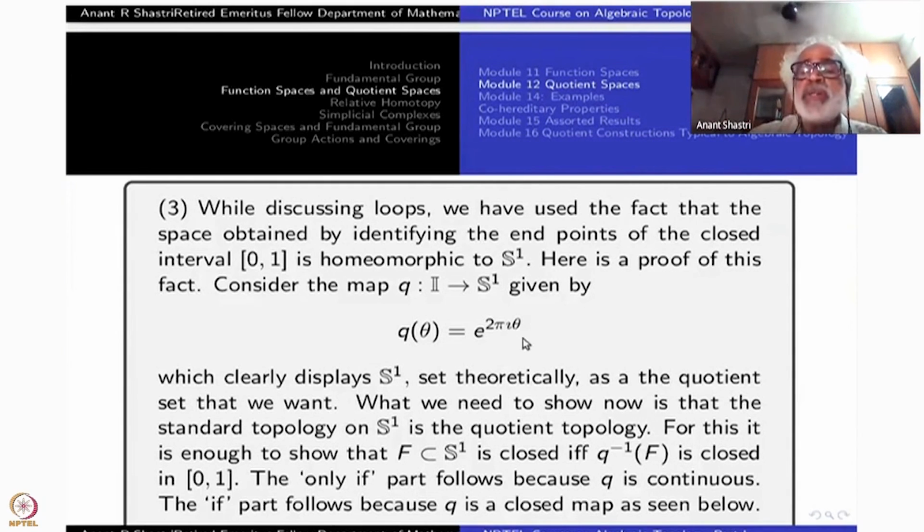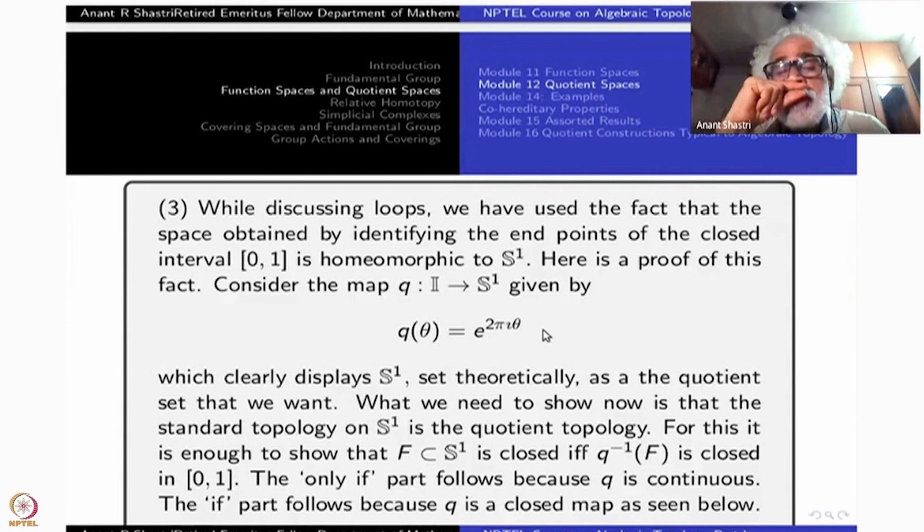If we know Q is a quotient map, then our claim that identifying 0 and 1 inside the closed interval [0, 1] to a single point gives a space homeomorphic to S1 is justified. So now we have to verify that this exponential function is a quotient map. We know that this can be done if we verify that this is a closed map, because we have observed that closed maps are quotient maps.